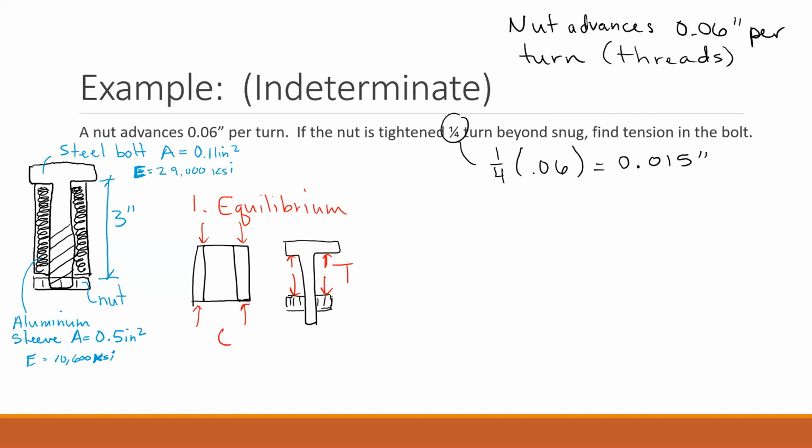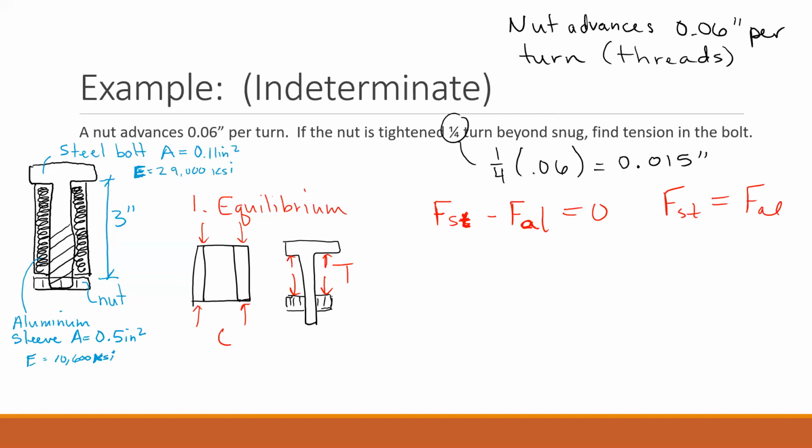So my equilibrium equation is that the tension in my bolt, so the force F, we'll call it F_ST for force in the steel, minus the force in the aluminum, I say minus because I know it's going to be a compressive force, but I want to use an absolute value of that force, has to equal 0. Or another way that I can write that is that F_ST is equal to F_AL. Equilibrium, these two forces have to be equal.